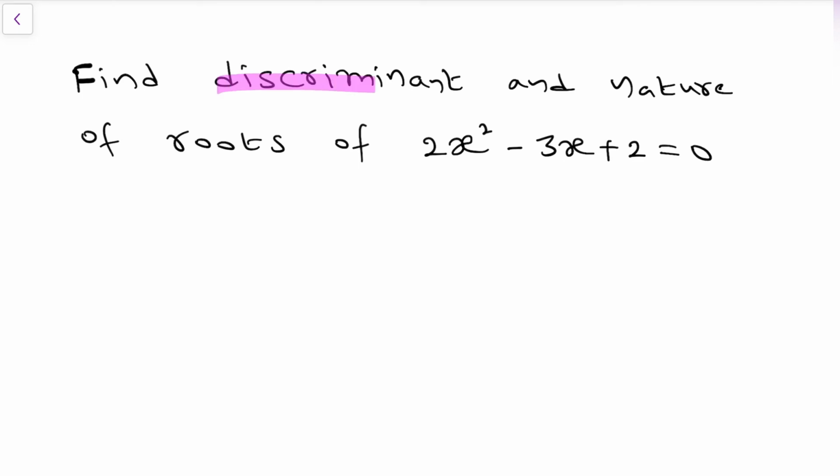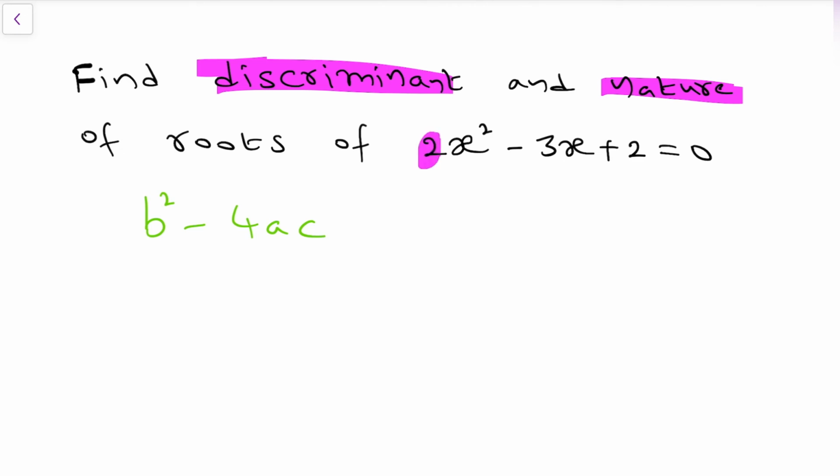To find the discriminant or the nature of the roots, we have the same formula, that is b² - 4ac. Now the x² coefficient is a, so a value is 2. Next, x coefficient is b, that is minus 3. Then obviously the constant is c, so c is plus 2, simply 2.